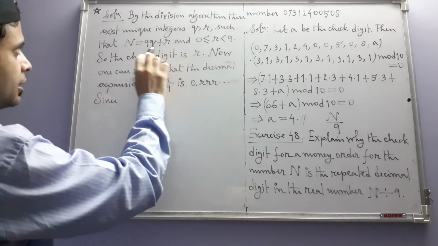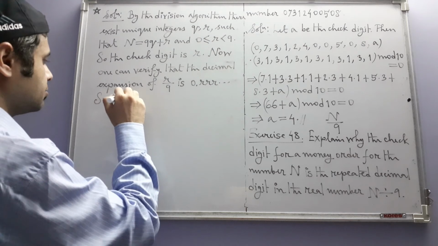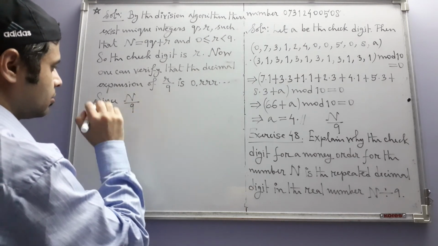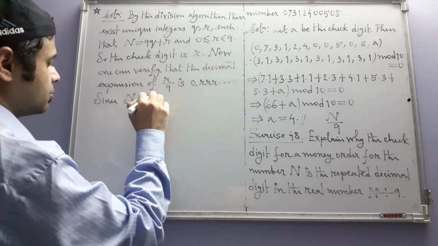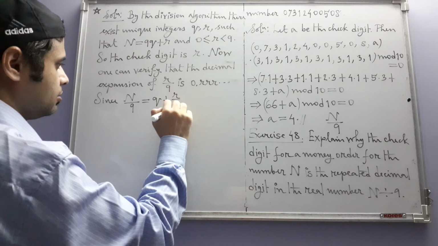So what do you get when you divide on both sides of this equation by 9? You get N by 9 is equal to Q plus R by 9.